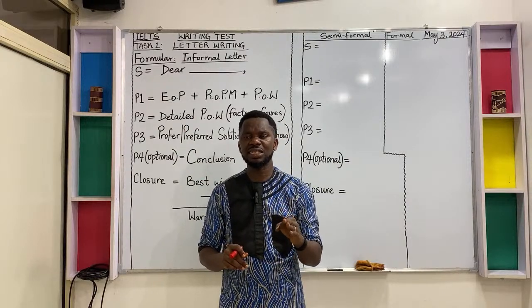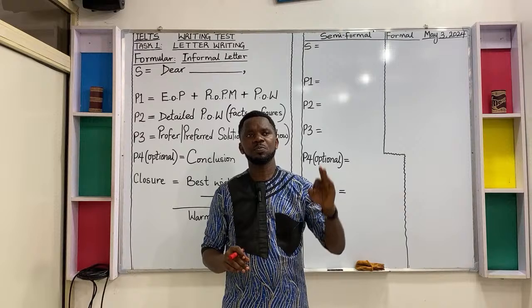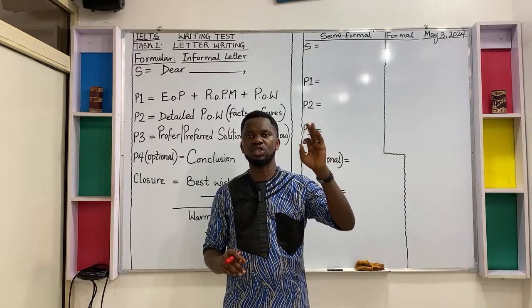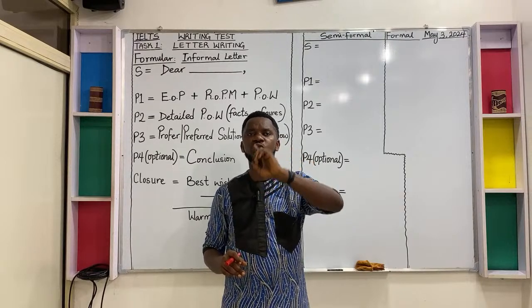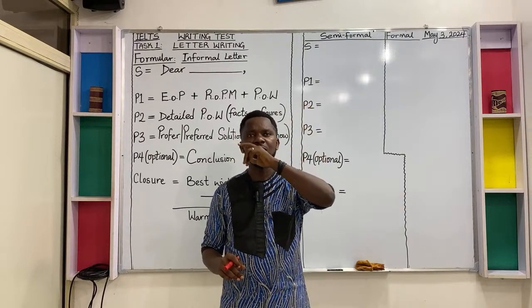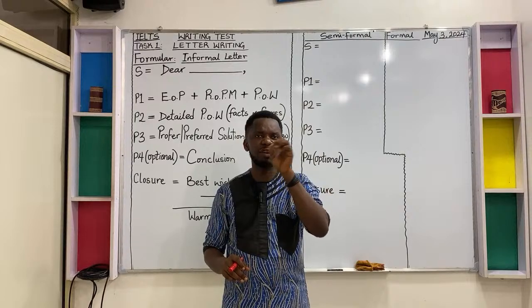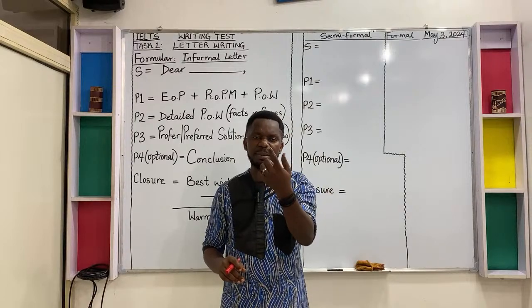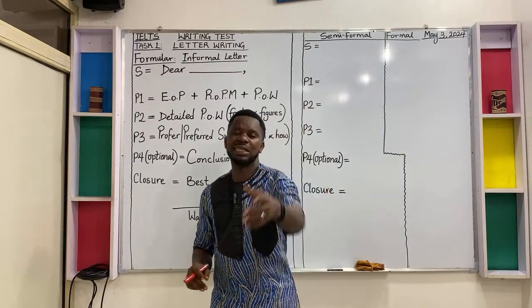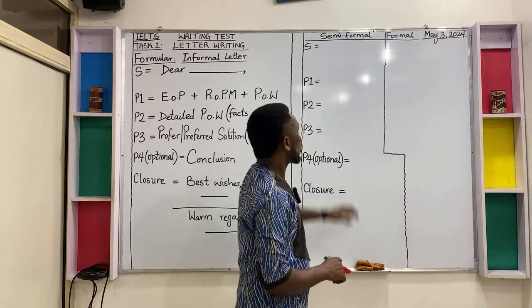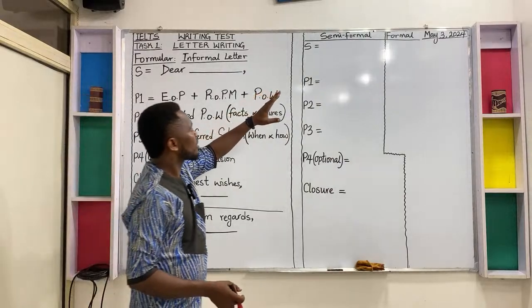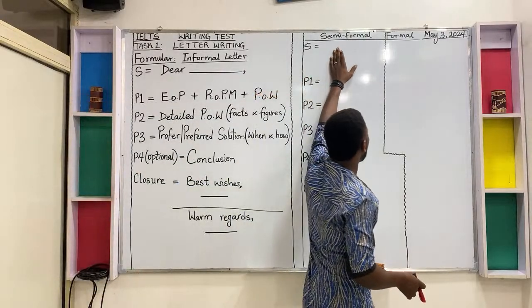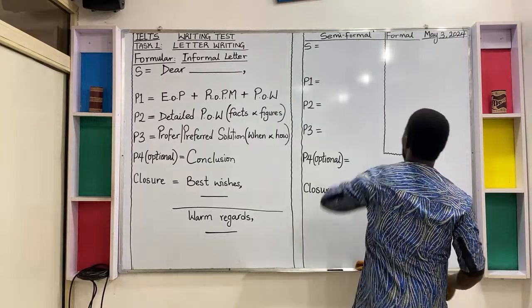If you're writing to a business organization that you got something from, and you have issues with the item and need to write to the manager, but you don't know who the manager is because you've never had any contact with the manager, it is a formal letter, right? So let's look at how we can apply this formula to your semi-formal and formal letters.